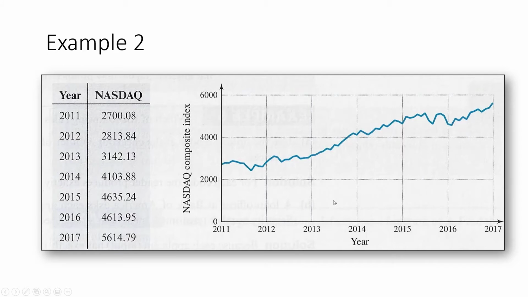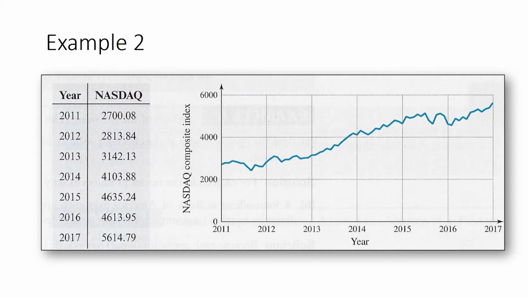In the second example, we could say that the NASDAQ index depends on the year that we're looking at. So the year would be the domain, and the actual index value would be the range.